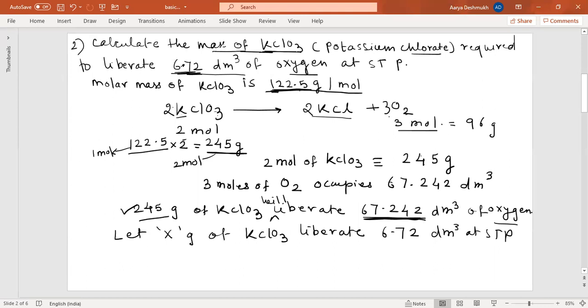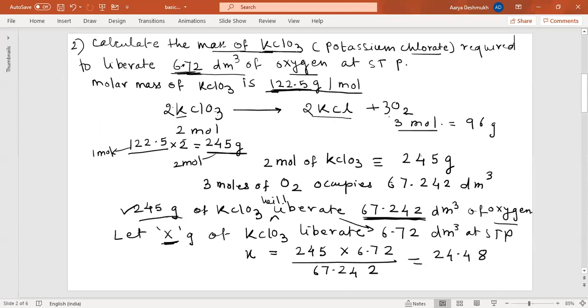So we assume the mass of KClO3 as X. So X will be equal to 245, cross multiplied, into 6.72 divided by 67.242, which comes out to be 24.48.